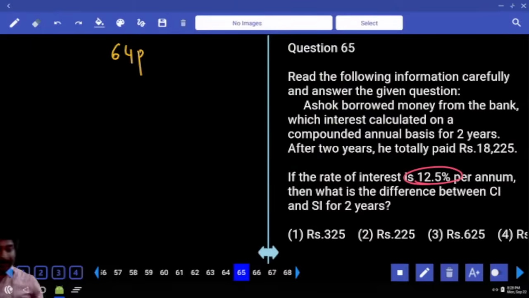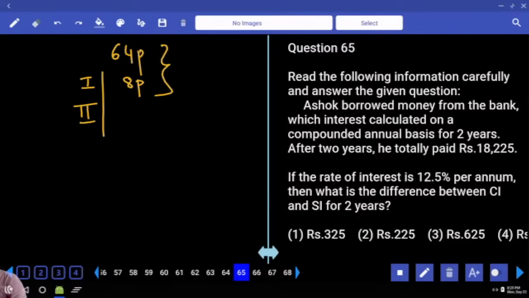Now, first year interest, I told you already, addition method. Interest is calculated on the numbers you see there. First year you can see only one number, 64. What is 1/8 of it? 8 parts. Second year simple interest, 8 parts only. Every year simple interest will be 8 parts. Second year compound interest, on both numbers we have to calculate 1/8.